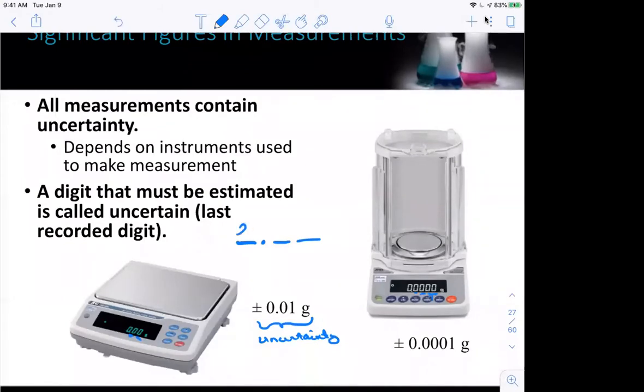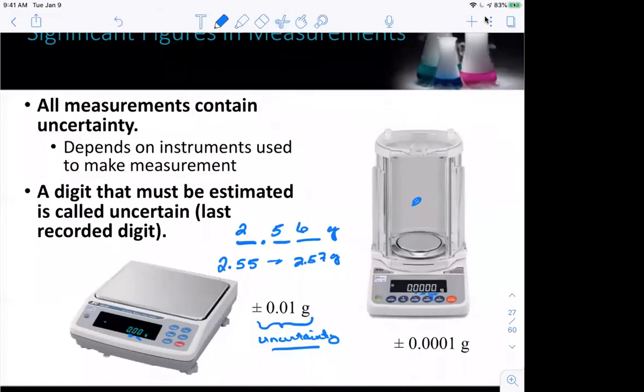So if I made a measurement, and let's say I got 2.56 grams, my measurement would really be between 2.55 and 2.57 grams. So plus or minus 0.01 grams. So this indicates how certain I am of the measurement and where my uncertainty lies.